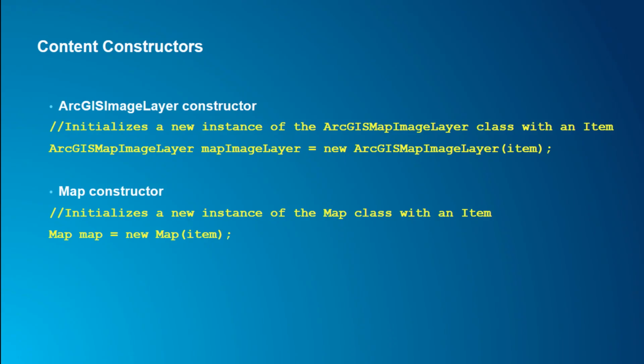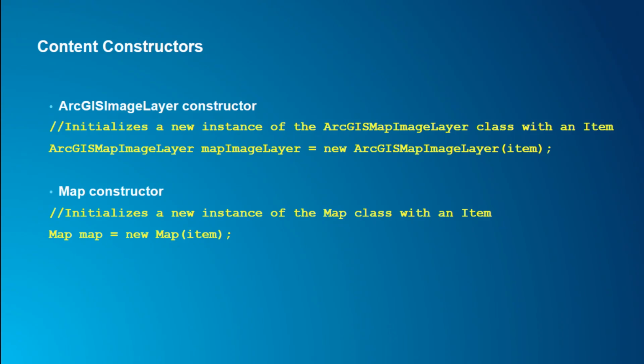And then, just before I show another demo, we'll just talk through some of the constructors. So once we actually have the content, it's very easy for us to then create visible layers or maps from that content. And as I said earlier on, there's first-class citizens of the portal API that allow us to easily create these items.